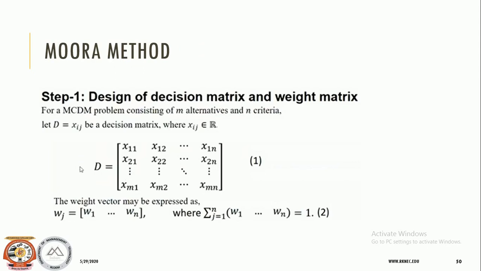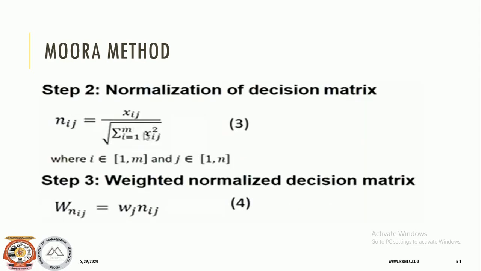This is the first step. Now well versed with this structure, the decision matrix and the weight vector, this is the initial requirement of any MCDM method. Then normalization of the decision matrix. Now look here, the normalization is done in a different way. Every cell value should be divided by the square root of the sum of squares of the respective column.